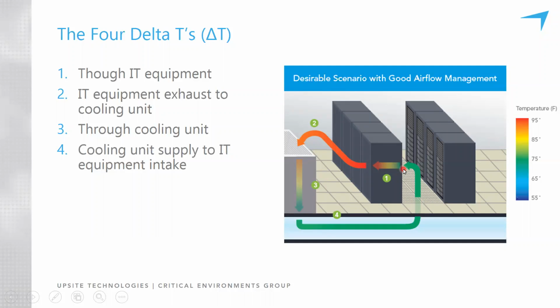And if you look at the legend there, green is somewhere around 75 to 80 degrees. We have warm supply air because the IT equipment can accommodate intake temperatures. ASHRAE's recommended maximum is 80.6 degrees Fahrenheit or 27 degrees Celsius.